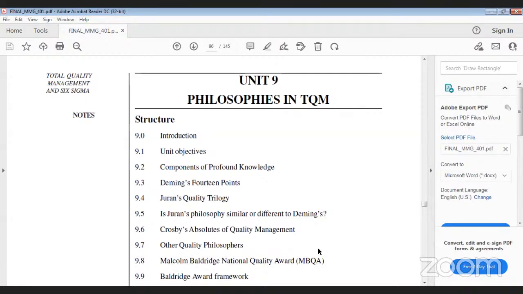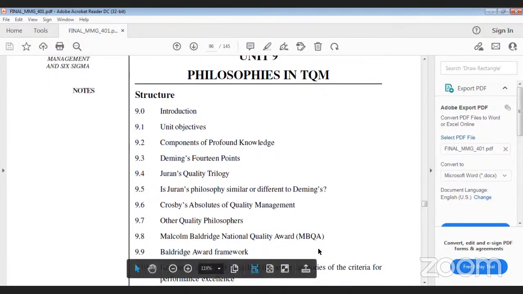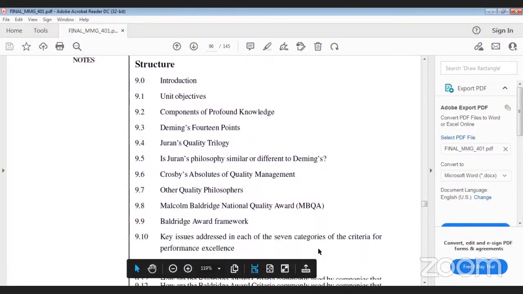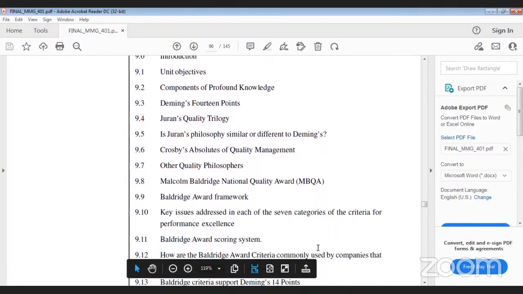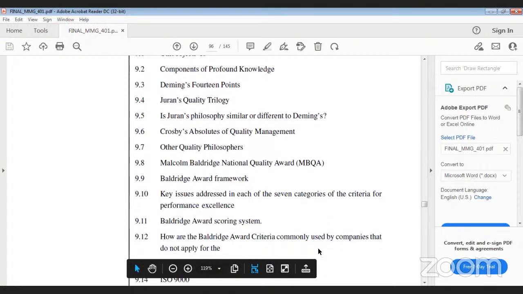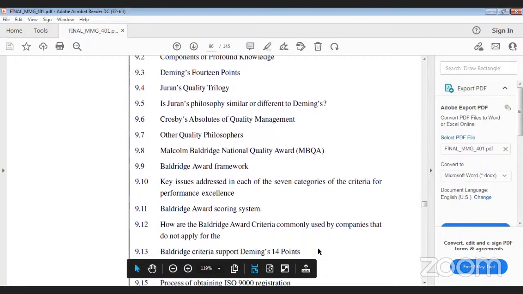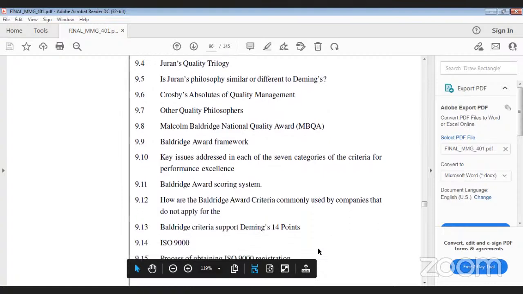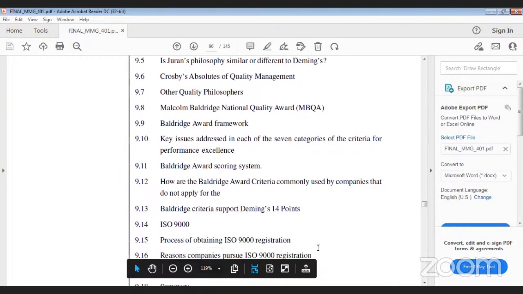In other quality philosophies, the Malcolm Baldrige National Quality Award, MBNQA. The Baldrige Award framework, key issues addressed in the Baldrige Award scoring system. How are Baldrige Award criteria commonly used by companies that don't apply for the award?